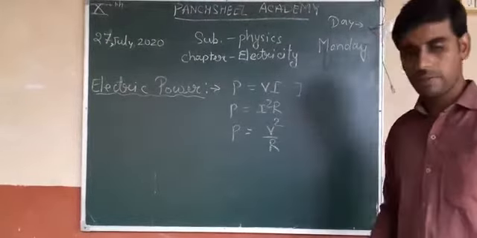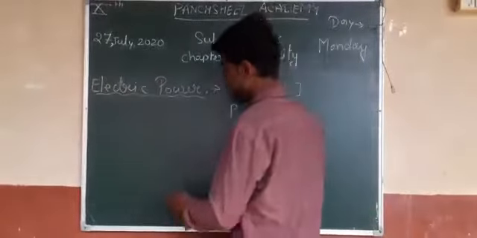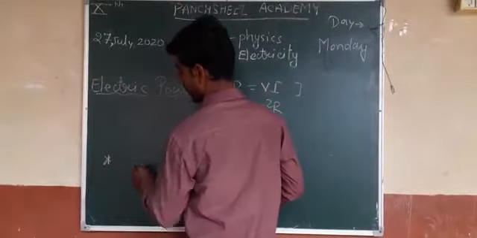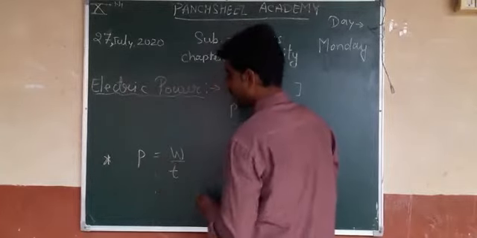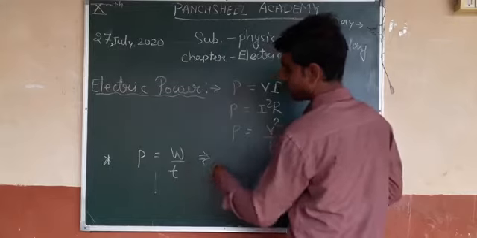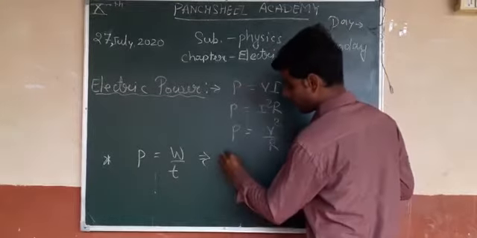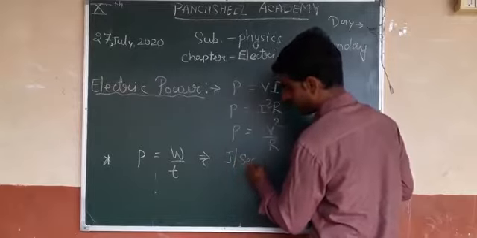Okay, what is the SI unit of electric power? P equal to what? W upon T, and W is the work done. So work done is measured in joule upon second.